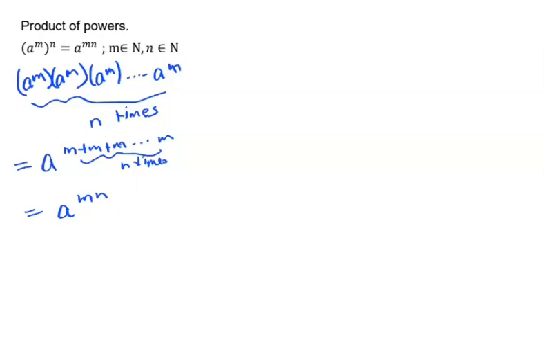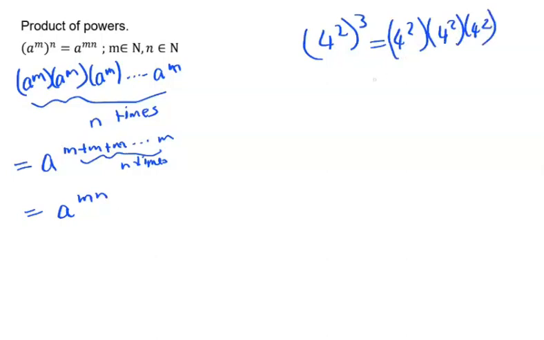So if I do look at an example, then we have something like, say 4 to the 2 to the 3, that will give me 4 to the 2 times 4 to the 2 times 4 to the 2, which will give me 4 to the 2 plus 2 plus 2, which is equal to 4 to the 3 times 2, which is equal to 4 to the power of 6.